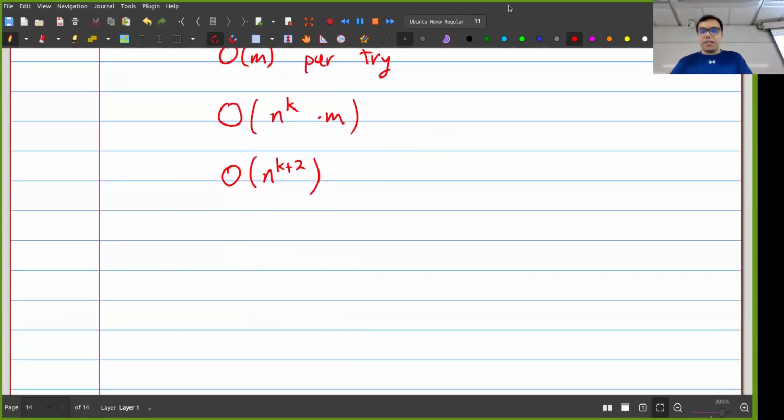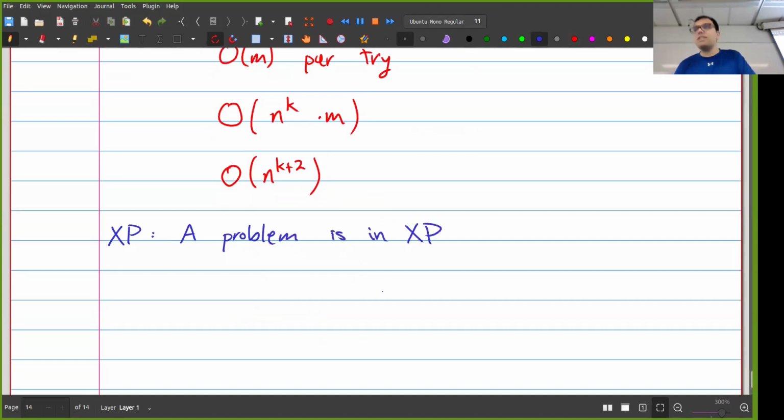In general, we can use this to define another class called XP, and we say a problem is in XP, and XP stands for piecewise polynomial. It's not the Windows. A problem is in XP if it can be solved in this kind of runtime.